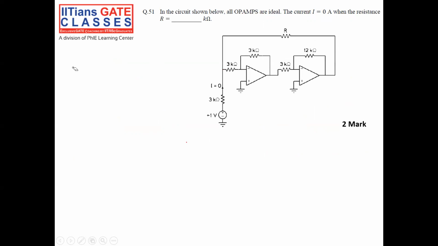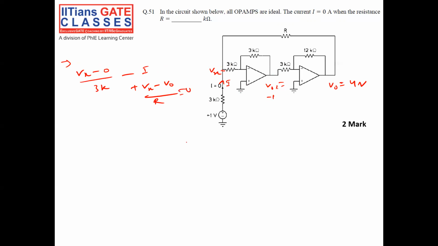Okay, so let me tell you. V01 we got minus 1, V0 we got 4 volt. So I am putting a nodal equation here: Vx minus 0 by 3k, minus the current coming into the node, I, plus Vx minus V0 by R is equal to 0.